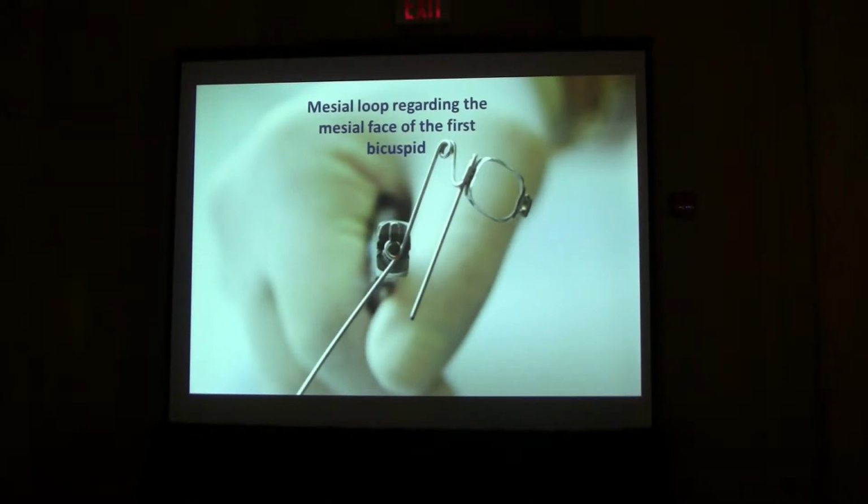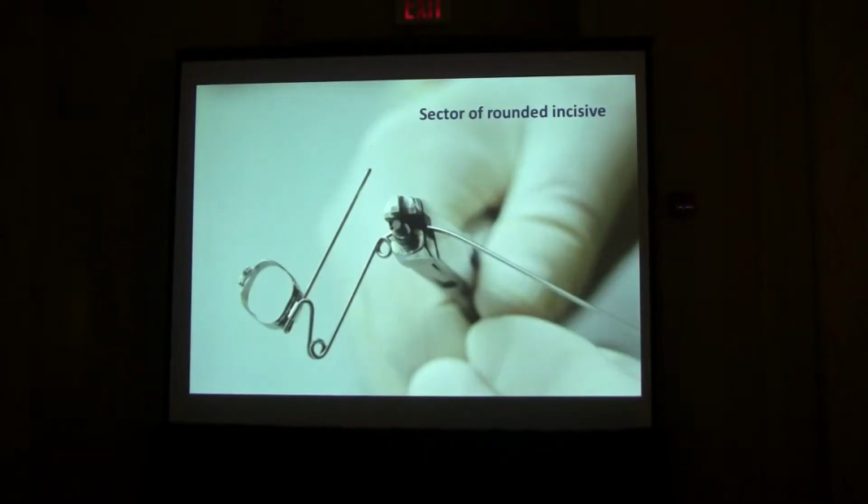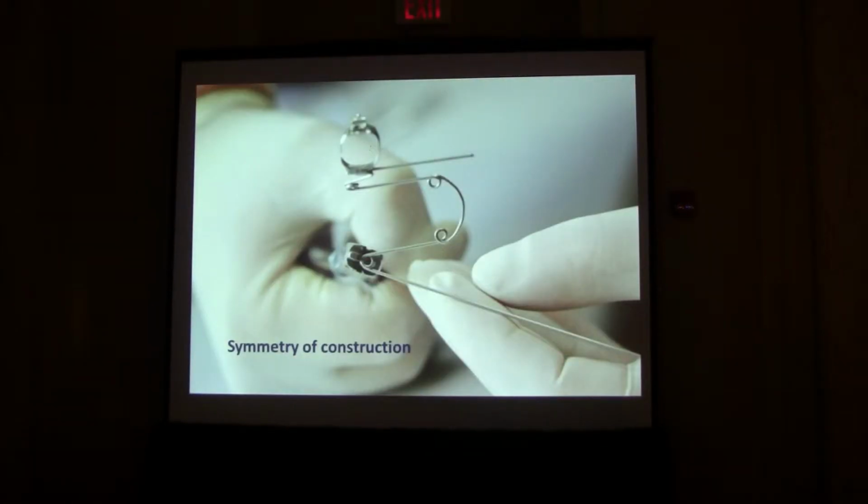The anterior loop must be regarding the mesial face of the first bicuspid. The anterior part at the back of the incisive retropapilla is perfectly rounded in order to respect the distribution of the force. Also, we must respect a symmetry of construction, a symmetry in a mirror, unless there is an exception.